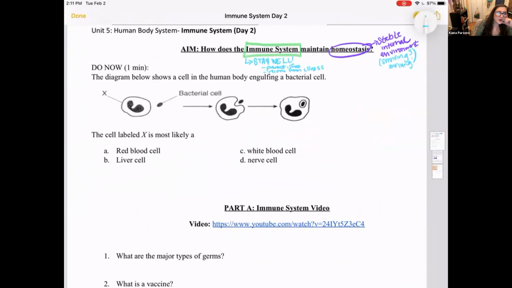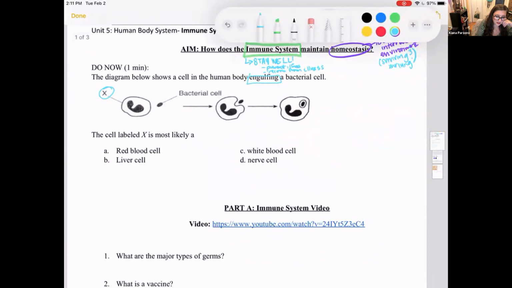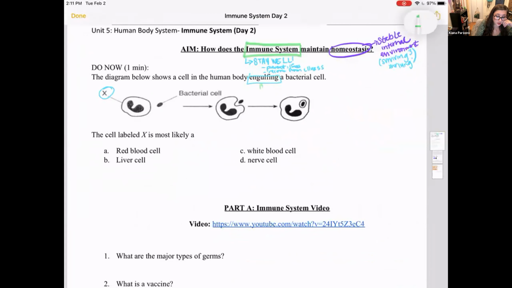So in this first question here, the diagram below shows a cell in the human body, over here cell X, engulfing. This word means like swallowing.